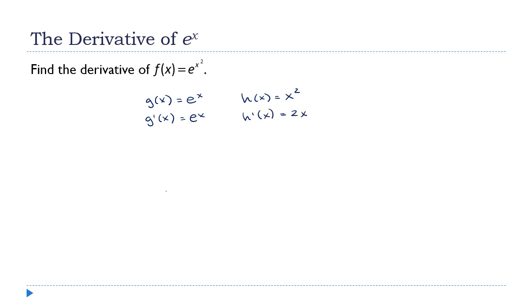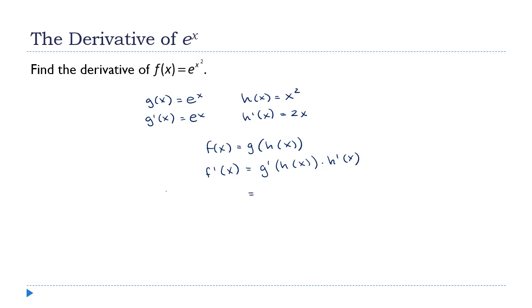Now let's do the composition. F of x is g of h of x. So according to the chain rule, f prime of x is g prime of h of x times h prime of x.